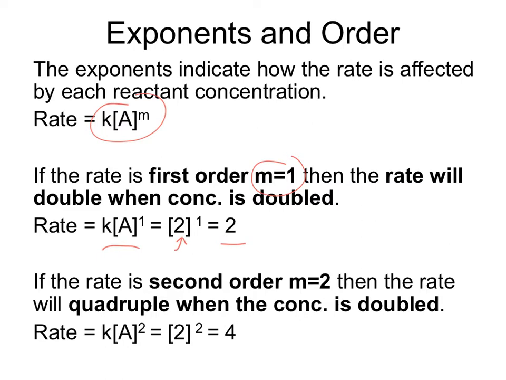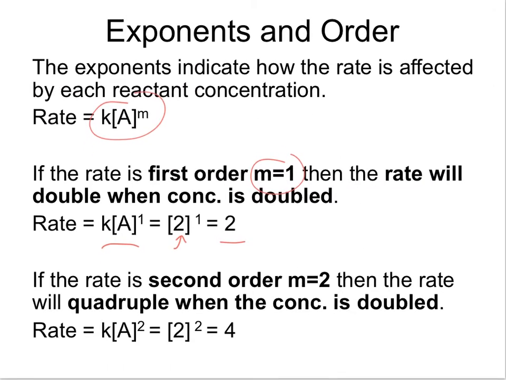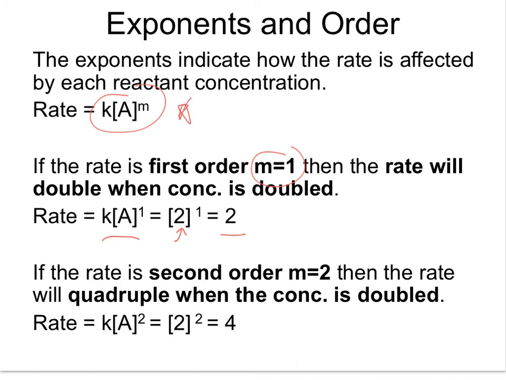Now, if I take that same generic rate law and figure out experimentally that my order, or my M value, is 2, then when I plug in my concentration values, whatever value I start with, if I change the concentration, I'm not going to get a doubling anymore. At that point, I'm going to get a quadrupling.